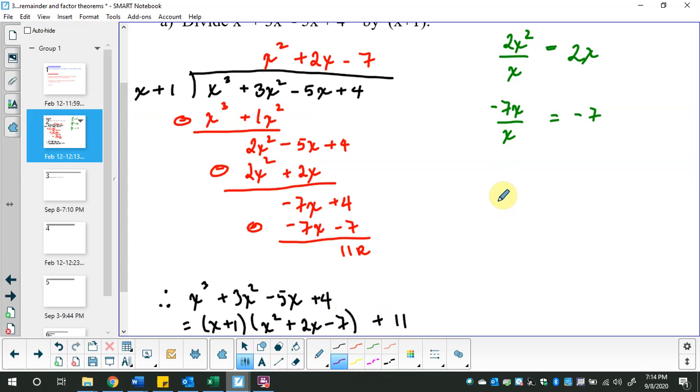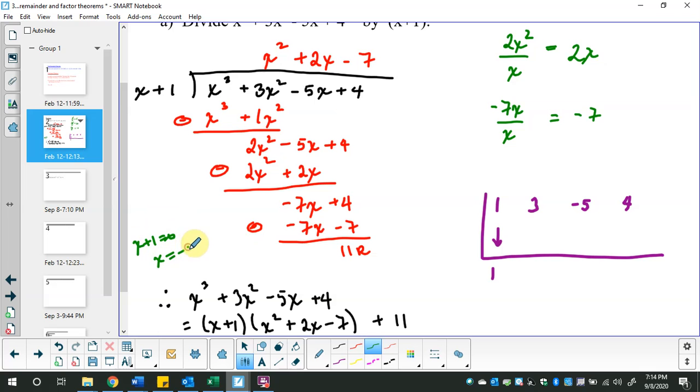Now, just to go over synthetic division, for those of you who've chosen that, remember there's your big capital L. 1 x cubed, 3 x squareds, negative 5 x's, 4 numbers, drop the 1, and the opposite of this, so x plus 1 equals 0, solves to become x equals negative 1, which sits out here.